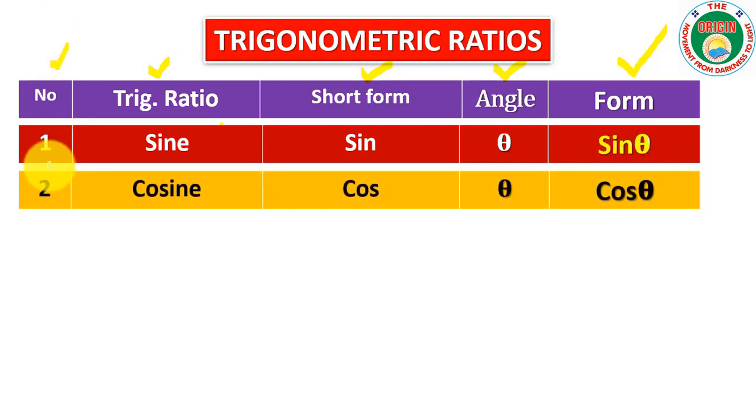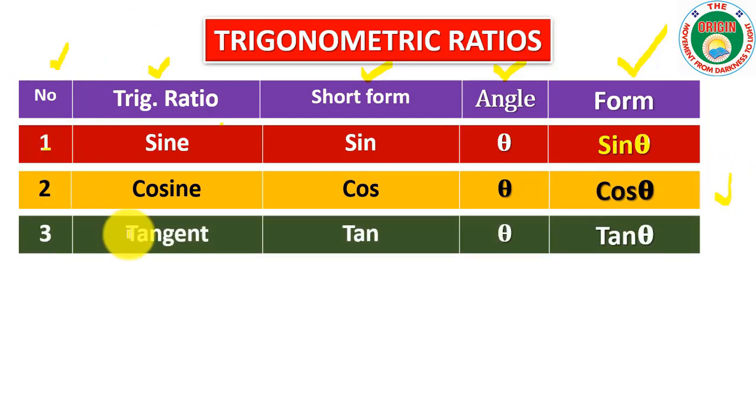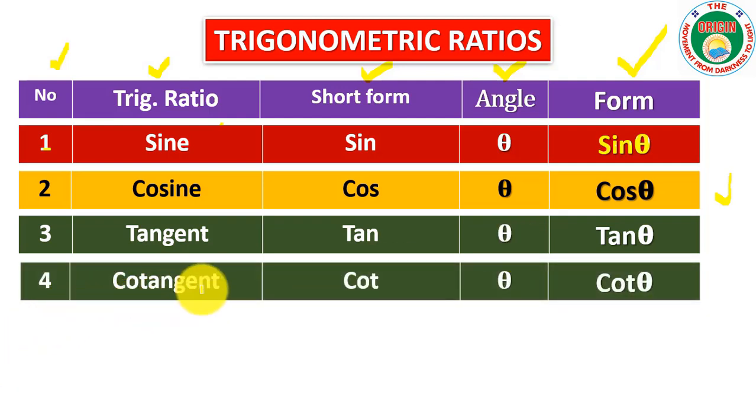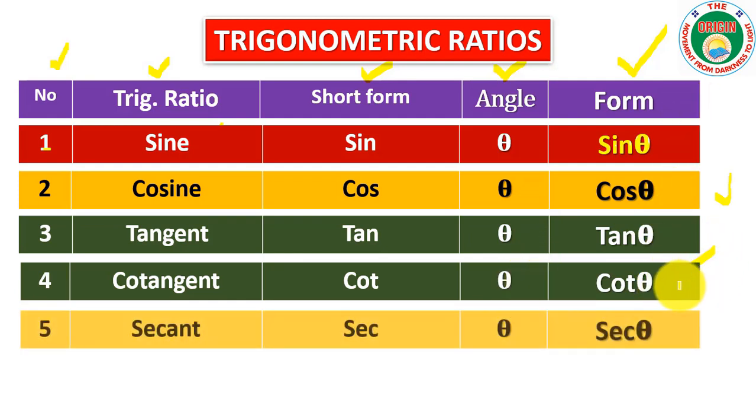Next one, second, cosine, short form cos, angle theta. We can write it as cos theta. Third one, tangent, short form tan, angle theta, combined tan theta. Fourth one, cotangent, short form cot, angle theta, and cot with angle is cot theta.